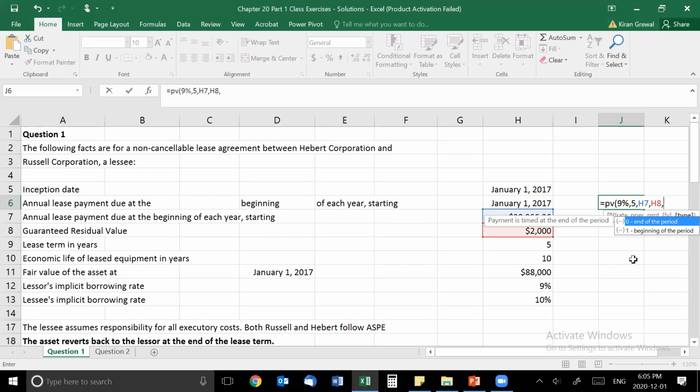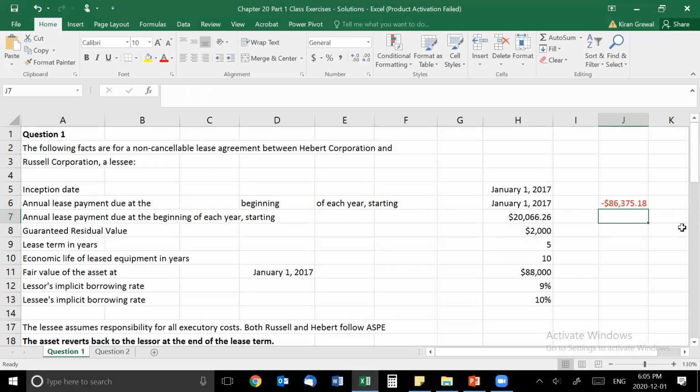So do these payments happen at the beginning of the period or end of the period? So it tells us here that it's the beginning of each year. So we're going to do 1, which is beginning mode. All right, so if we do all that, we get, oh, it's a negative because I've made my payments a positive. But if I make my payments a negative, it doesn't matter.